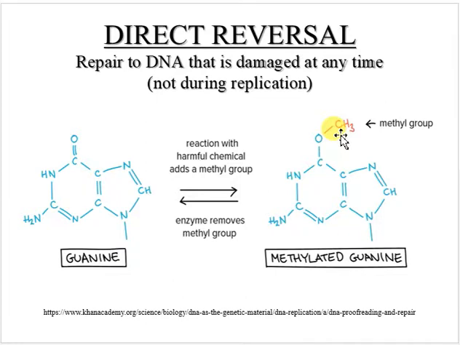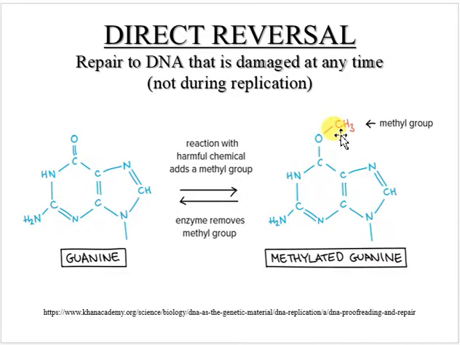So there are three major mechanisms, per se, of direct reversal. You have photolyase, alkyl transferase, and dioxygenase mediated repair processes. So the whole concept of direct reversal, again, might be a more efficient way of dealing with damages, especially for specific types of DNA damage that may occur more frequently.